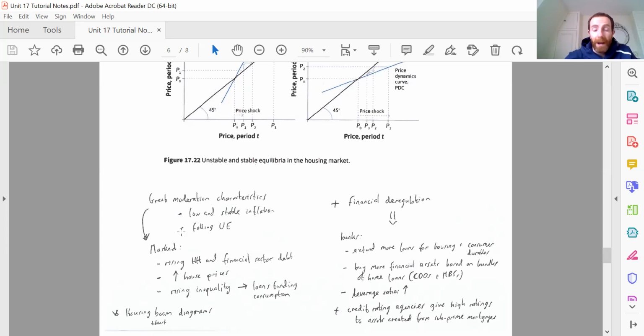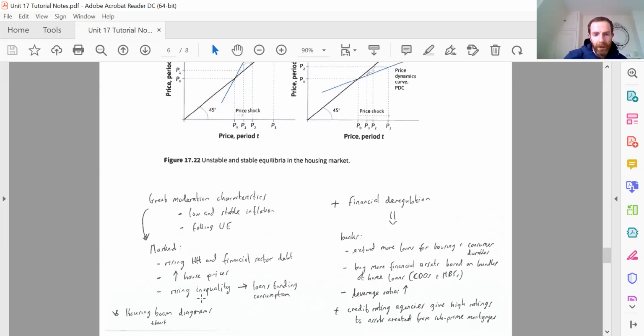But what was going on in the background was, because of the rising inequality, households needed to borrow more if they wanted to finance big purchases, say like houses or cars. And also within the financial sector, we saw a lot more borrowing, a lot more debt. So much higher levels of debt in both of these sectors than had ever been seen before. And one consequence of the rising household debt was an increase in house prices.